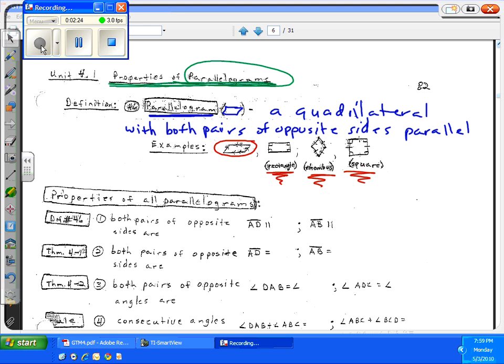So a rectangle is an equiangular quadrilateral. A rhombus is an equilateral quadrilateral. A square is both equilateral and equiangular, which we call a regular polygon or a regular quadrilateral.